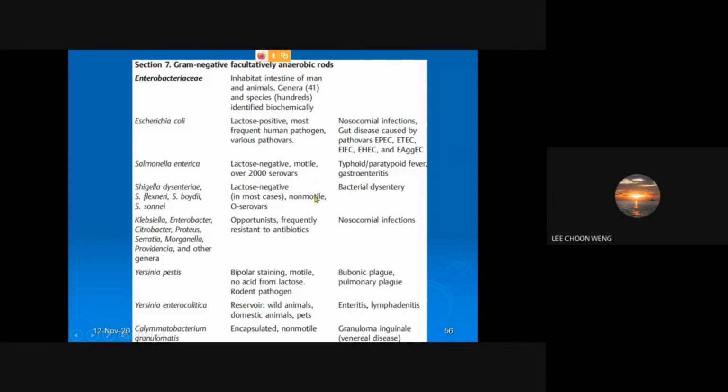Salmonella and Shigella are lactose negative, but very important also. Then these are under a different family. They are actually under Yersinia, but under the same order, the Enterobacteriales order.